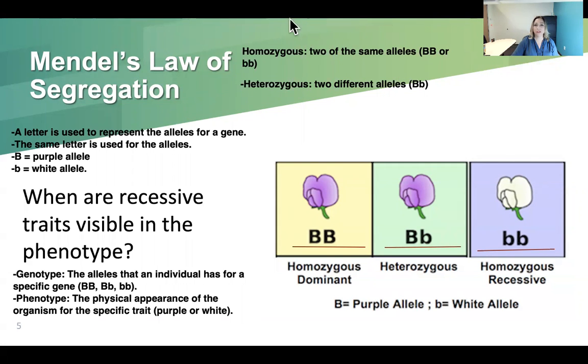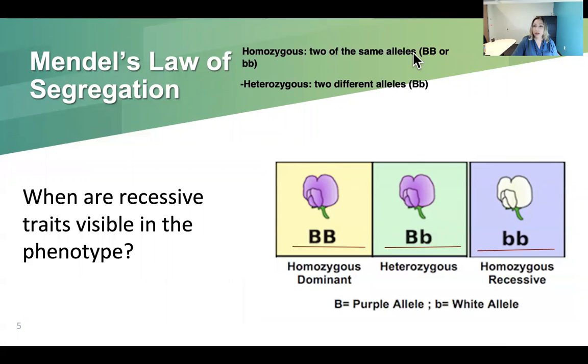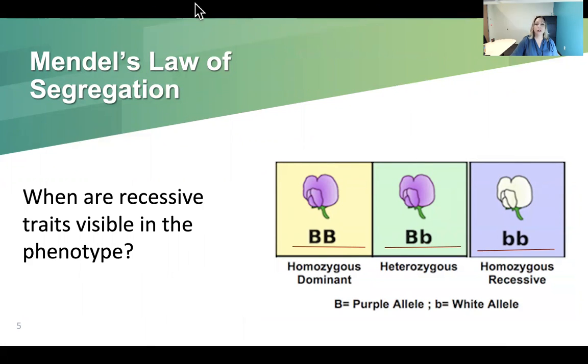I'm going to erase some of these text boxes that I put here, so it looks a little more organized. Okay, so I mentioned the terms dominant and recessive. Now these refer to the alleles. So if you have a purple allele and a white allele, one of those alleles is dominant, one is recessive. Now, this only applies to your straightforward Mendelian genetics.